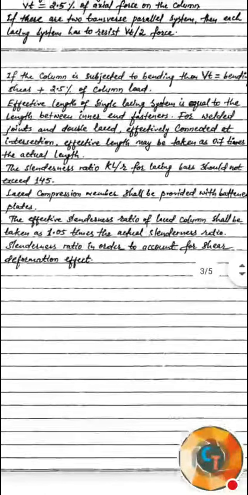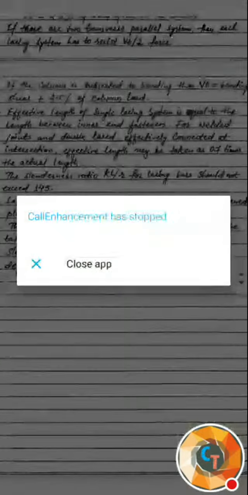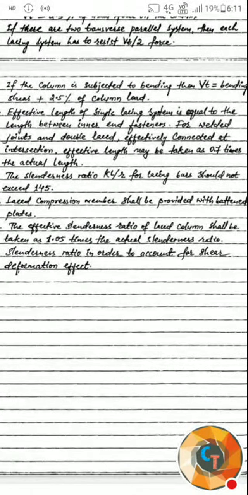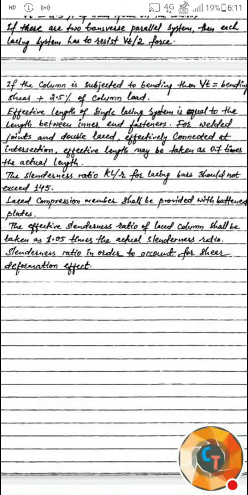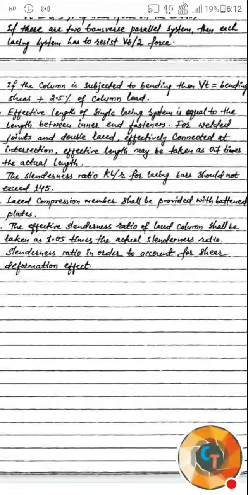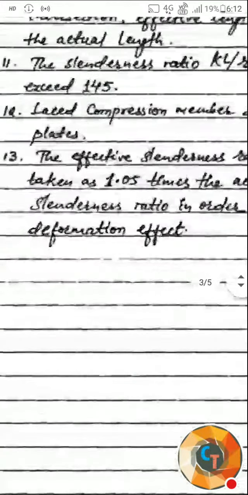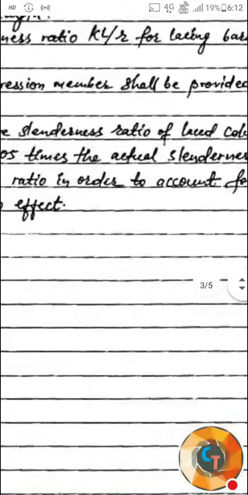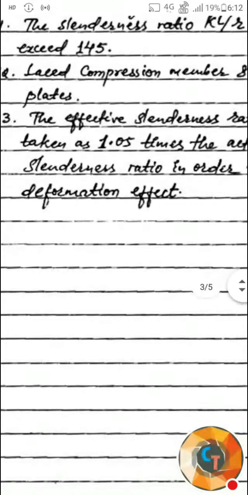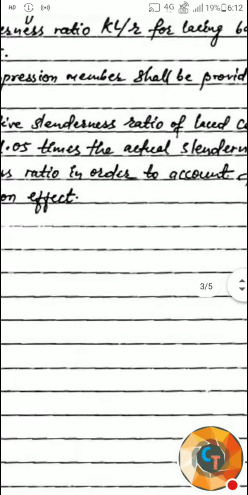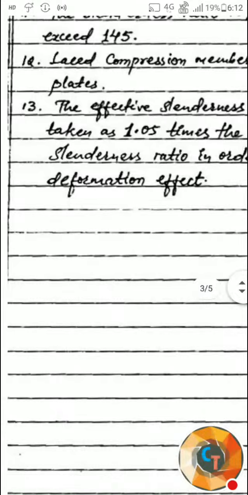It should be increased by 1.05 times, that is 5%, to account for shear and deformation effects. Always, the actual slenderness ratio of the lacing bar should be multiplied by 1.05.